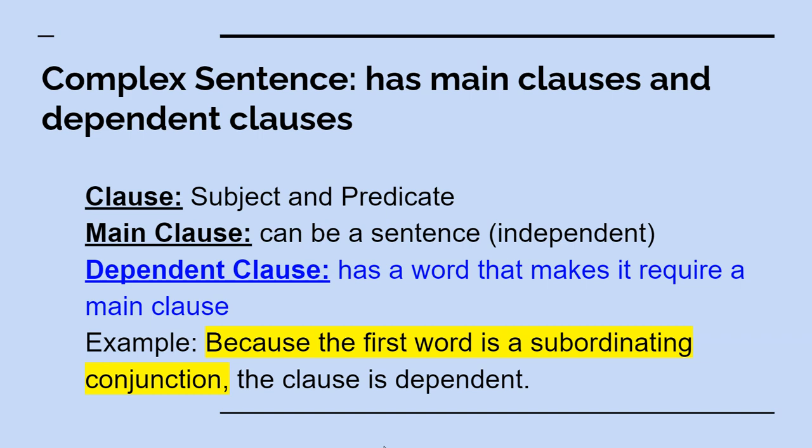If we just said because the first word is a subordinating conjunction, if we stop there, it feels like we need more information because we do. We said that this is because of something, or because of this something happens, we need to then have what happens. So there's a lot of different words that work in a lot of different ways to make dependent clauses where we're able to then put them into complex sentences.